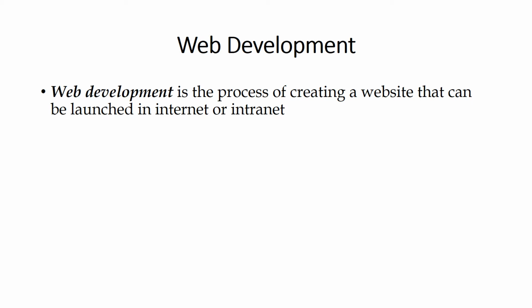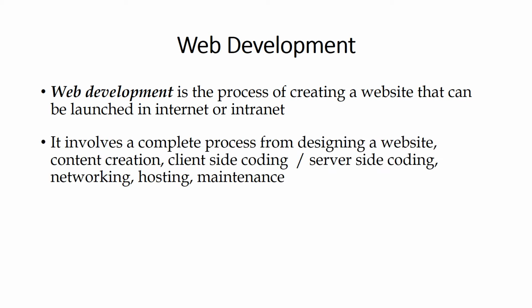So the creation of a website is nothing but web development, which has several processes in it. It involves a complete process from designing a website, content creation, client side coding or server side coding, networking, hosting and maintenance. This process starts from designing a website, from whatever content we need to display to the user, and then the coding part.